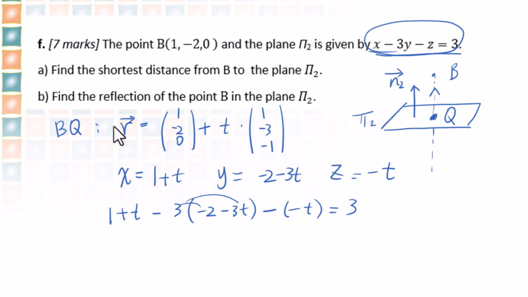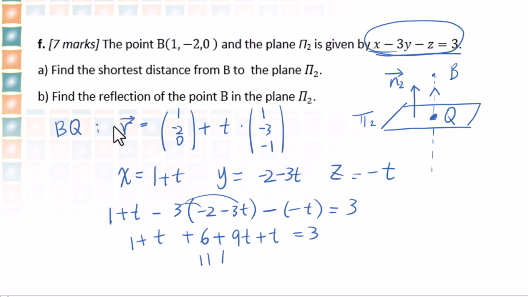Distributive property, then combine like terms: 1 plus t plus 6 plus 9t plus t equals 3. 11t equals 3 minus 7, which is negative 4. So t equals negative 4 over 11.